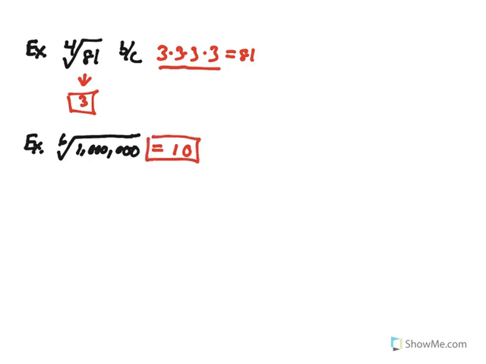That's the answer. Why? Because ten times itself 6 times will in fact give you the million right back. Okay? And if you verify that on the calculator, you're going to see that it's 10. And it's a positive 10 because the number in the radicand was originally positive, so you should always get a positive result. Okay?